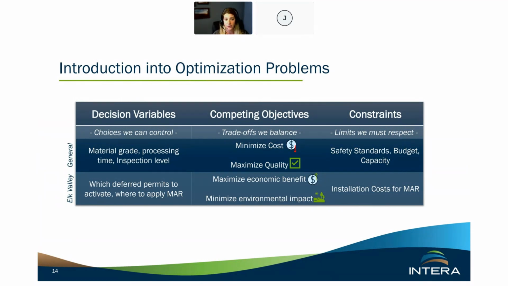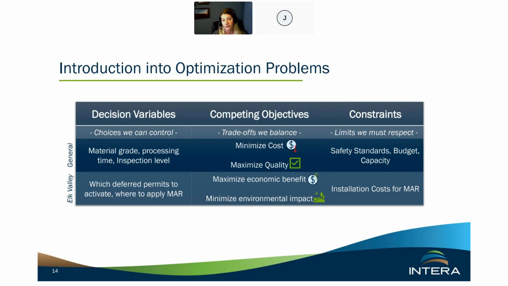And then competing objectives. These are the trade-offs that we balance. A really common example for this general case is minimizing costs and maximizing quality. I think we all have encountered this at some point in our life, that these two things tend to trade off with one another. At this production facility, we're really trying to produce the highest quality chairs we can for the absolute minimum cost.